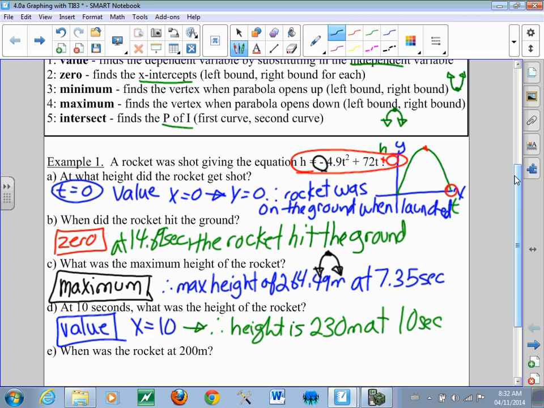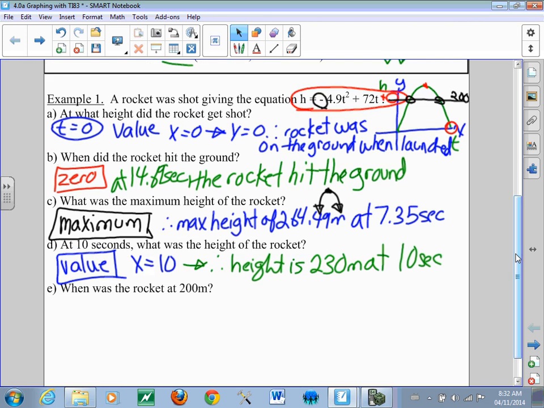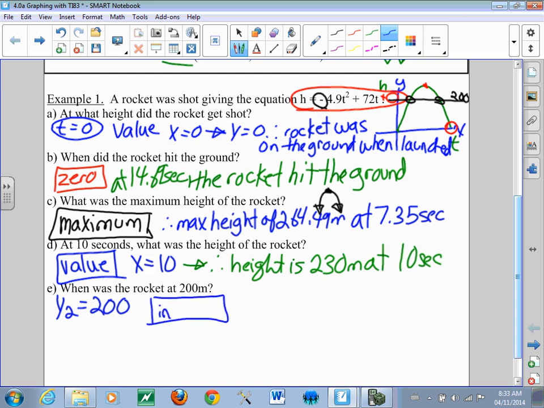However, we got to have some type of horizontal line here, and we sub in a height of 200 meters, and we're going to find not one point of intersection, but 2 points of intersection, ladies and gentlemen. Okay, and so what we're going to do first is go to y equals and go to y2 and enter in a height of 200, and then find point of intersection. So we're going to use the intersect button.